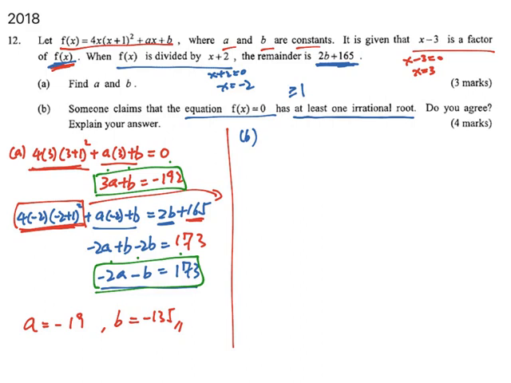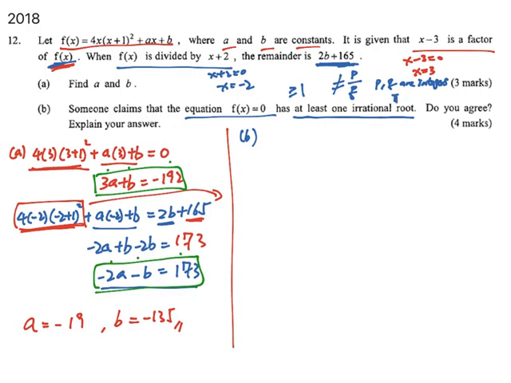Irrational, actually, that means it can't be changed to the fraction p over q. And remember, p and q are integers. That means it can't be changed to a fraction. So no fraction.